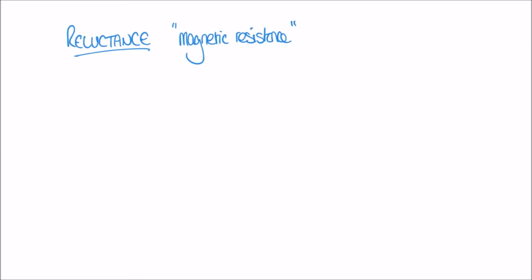The last thing to mention in this video is the term reluctance, which is often given the name of magnetic resistance. We can kind of think of it as a measure of how difficult it is for the magnetic field to extend itself, any opposition that it faces. So we give reluctance the letter R as its symbol, but to differentiate it from, say, resistance, which also has the letter R, we usually write it in quite a scripted sort of style.